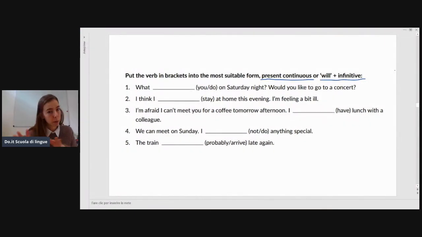Right, so what, blah, blah, blah, on Saturday night? Would you like to go to a concert? What do you think? What do you think is the right answer? Right. So, what will you do or what are you doing?